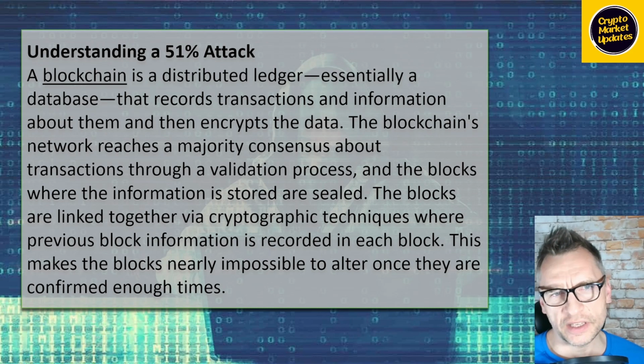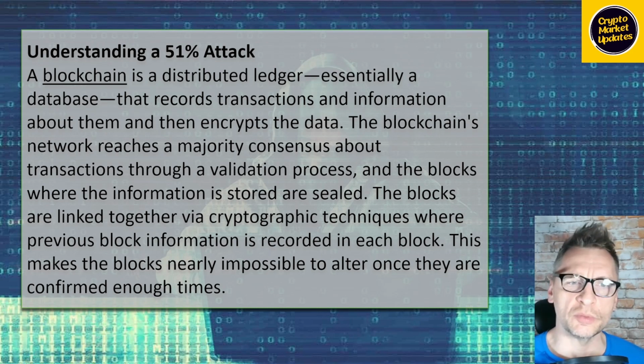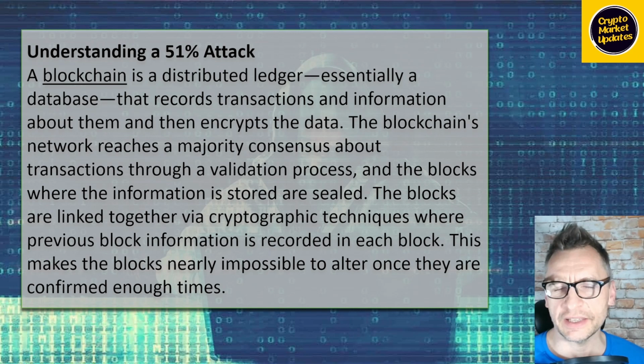So this database records transactions and information about them, and then encrypts the data. The blockchain's network reaches a majority consensus about transactions through a validation process, and the blocks where the information is stored are sealed. The blocks are linked together via cryptographic techniques, where previous block information is recorded in each block. This makes the blocks nearly impossible to alter once they are confirmed enough times.